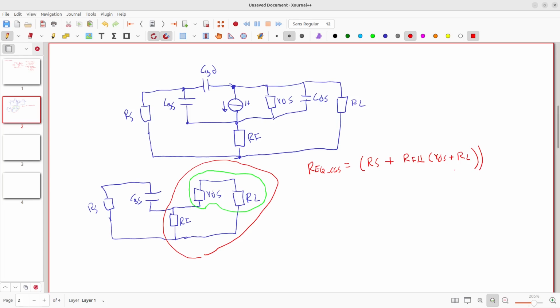Okay, so that will be my equivalent resistance.